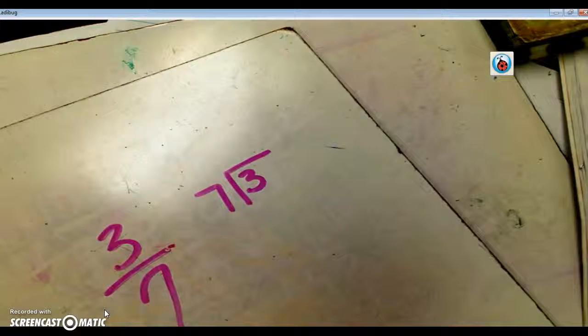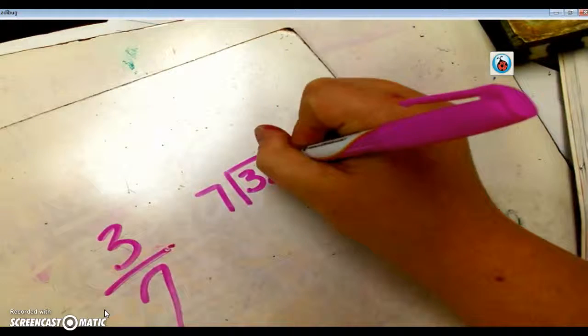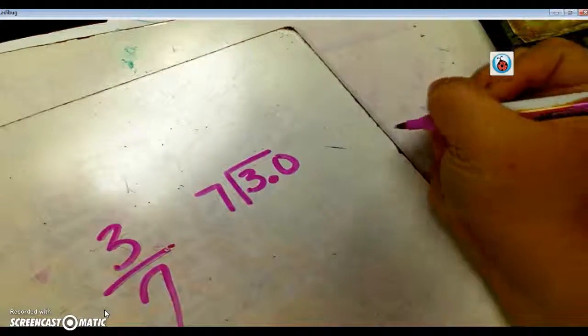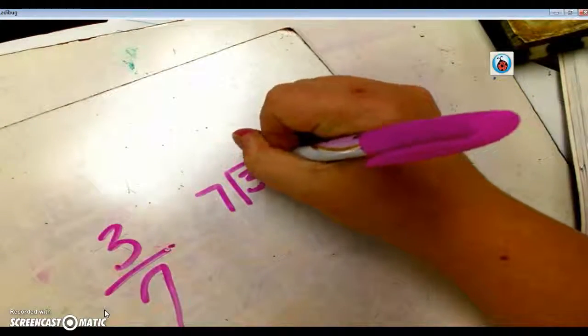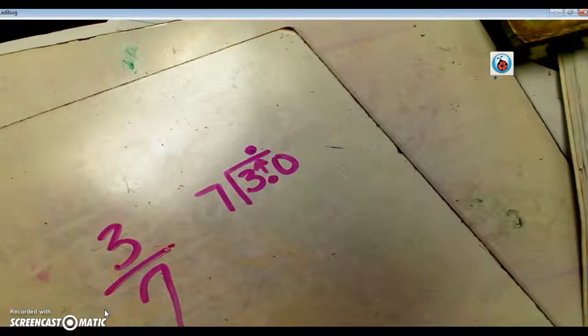I know it's been a no-no that you've been told you can never do that. Now we can. Because what I'm going to do is add a decimal point and a 0. That 0 is going to come straight up into my answer, because I'm trying to convert it to a decimal, right? So it makes sense that I add a decimal point and a 0.